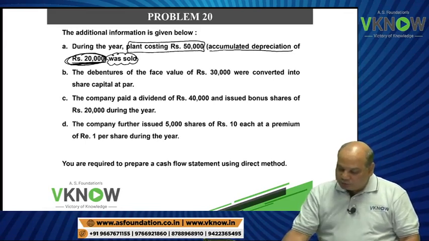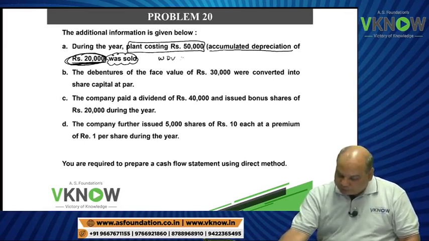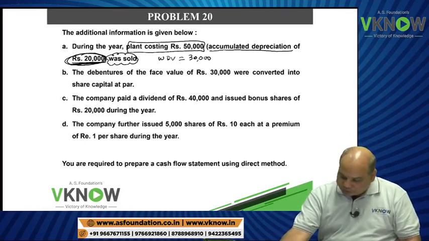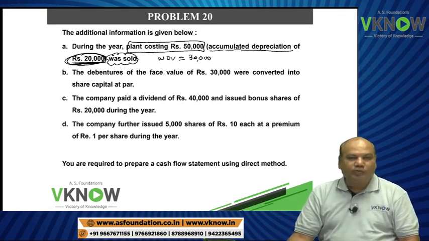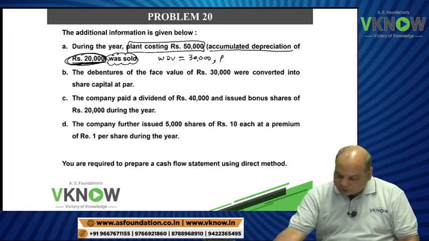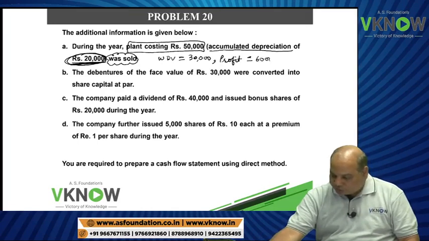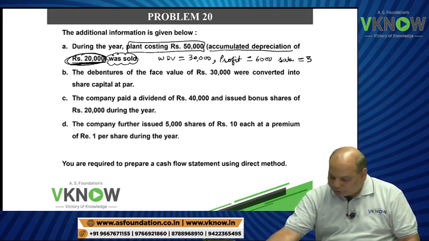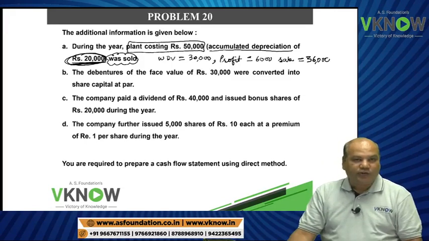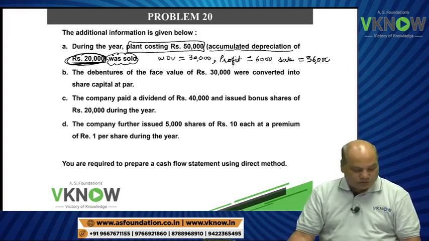So it means the WDV of the plant sold was 30,000. And in the question, profit on sale of the plant is 6,000. So you can guess the sale value. The sale value will be 36,000.